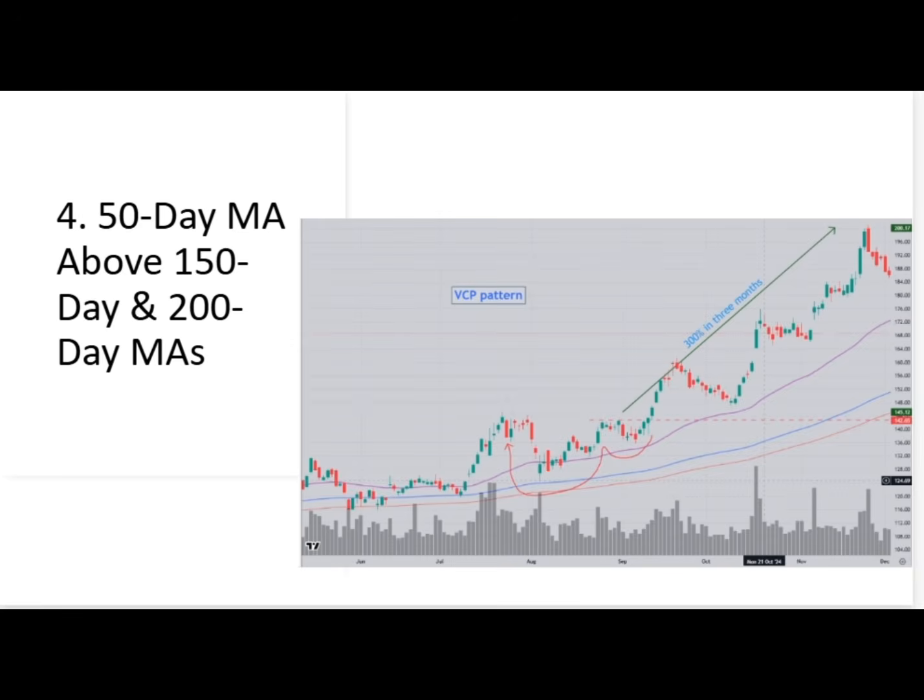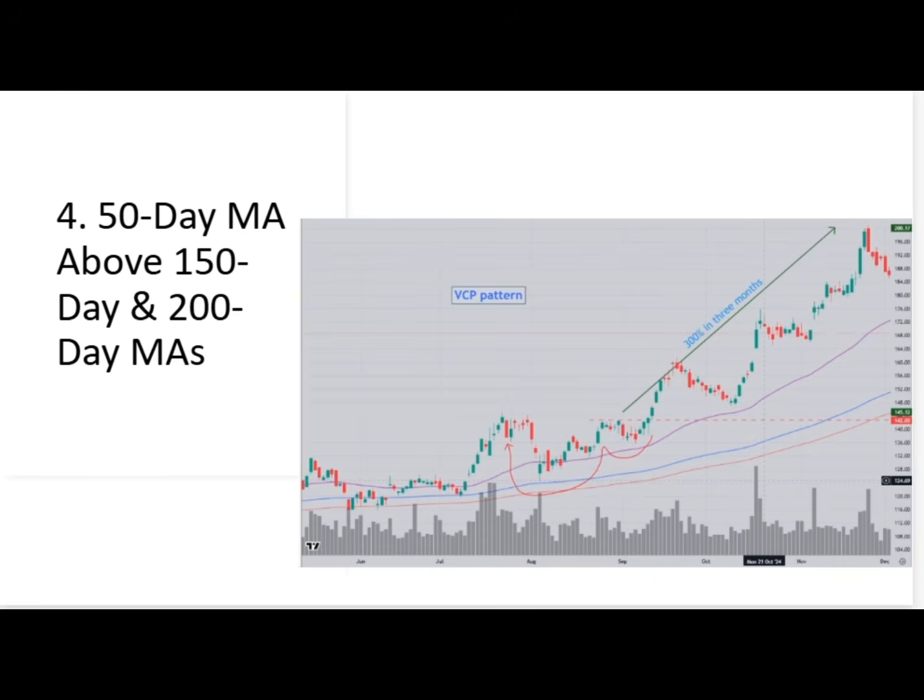Now the short term joins the long term. When the 50-day MA rises above both the 150 and the 200 MAs, it signals acceleration. This crossover shows a shift in strength. It is not just that the stock is climbing, it's climbing faster than before.